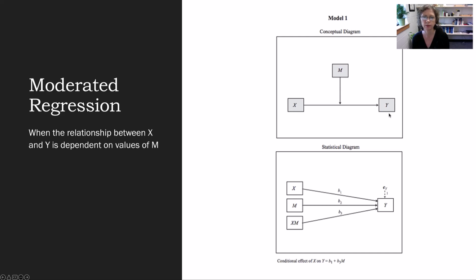So self-esteem predicts what salary someone comes in at, say, their first job. But maybe that relationship is moderated by someone's locus of control, that if they have a highly internal locus of control, maybe that impacts the relationship between self-esteem and job salary.